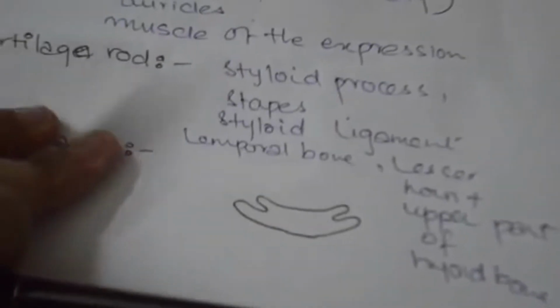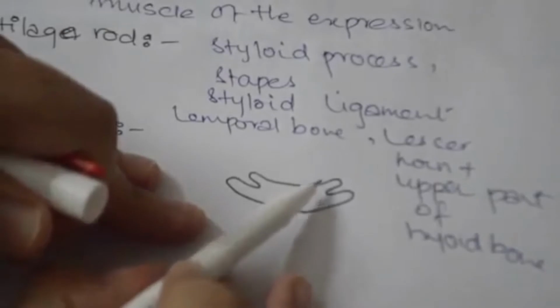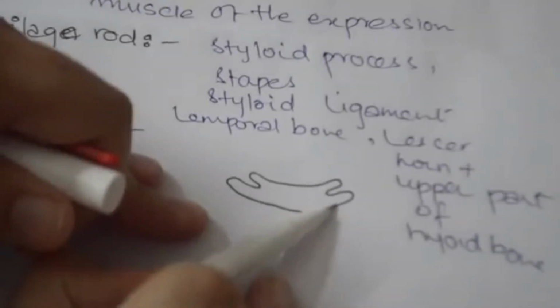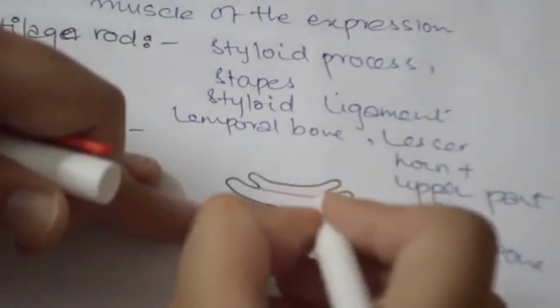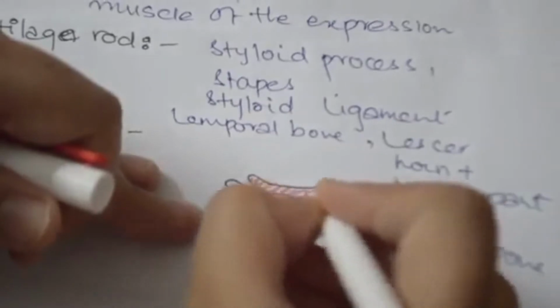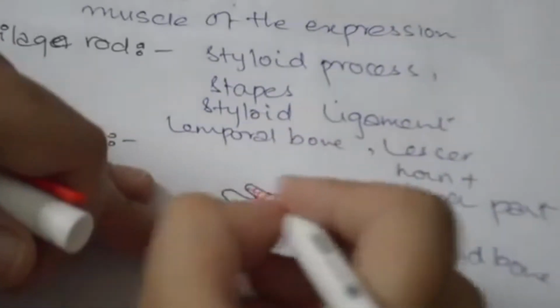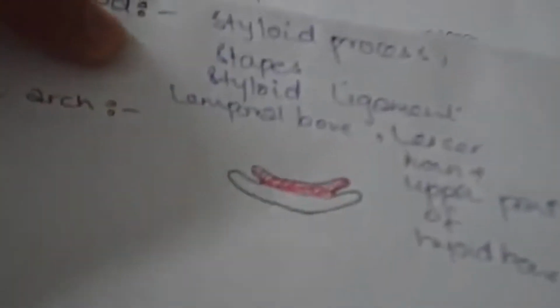This is a rough diagram of the hyoid bone. This part is the lesser horn of the hyoid bone, the greater horn of the hyoid bone. This is the body. So the upper part of the body, and the lesser horn is covered. This red part is the part that is formed by the 2nd pharyngeal arch.